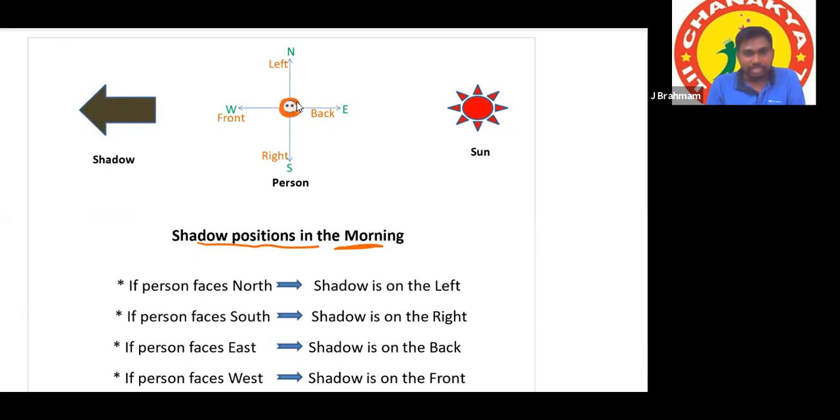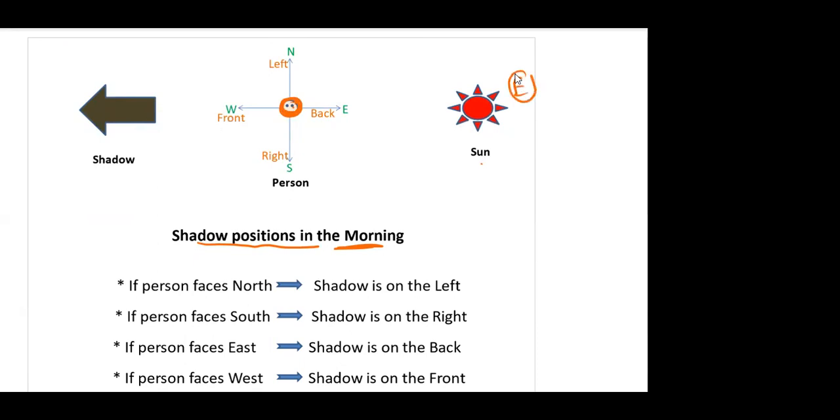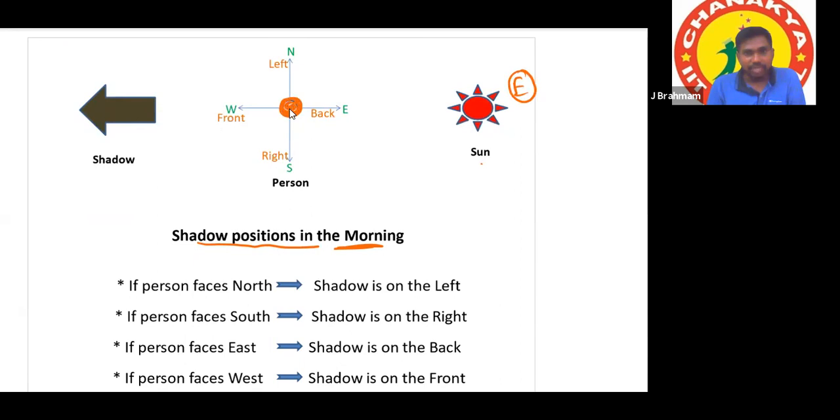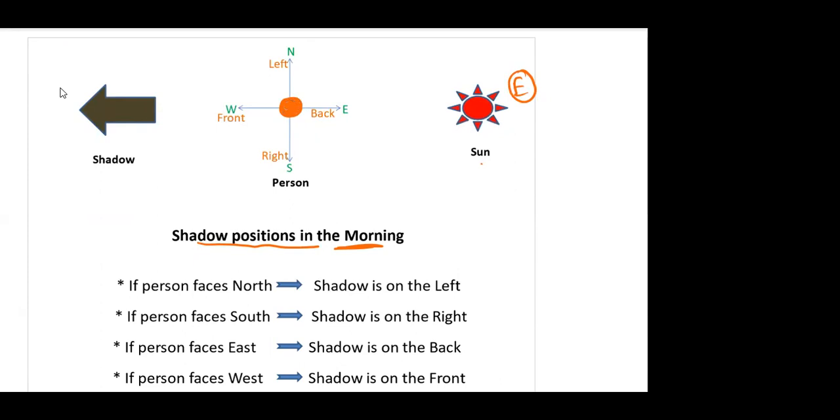The person is at the origin. Suppose in the morning, the sun is in which direction? East. If the person is in the middle, where will his shadow be? Towards west.